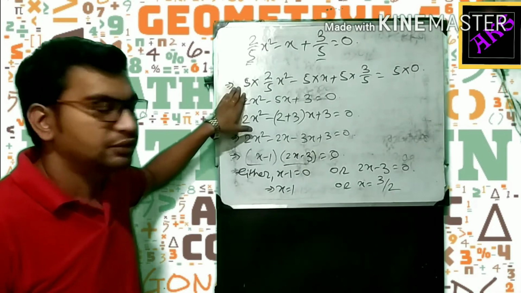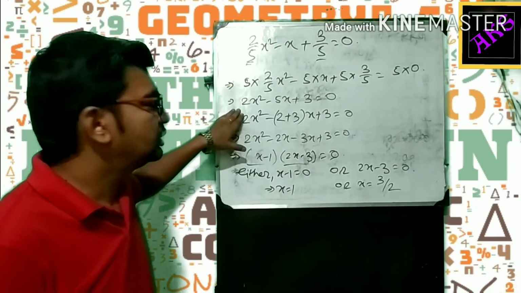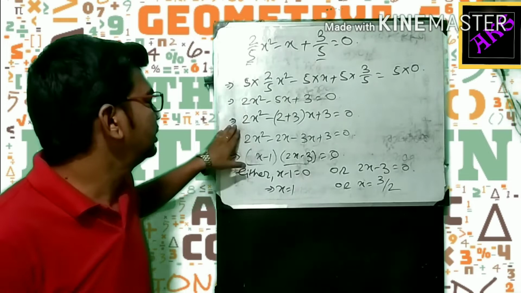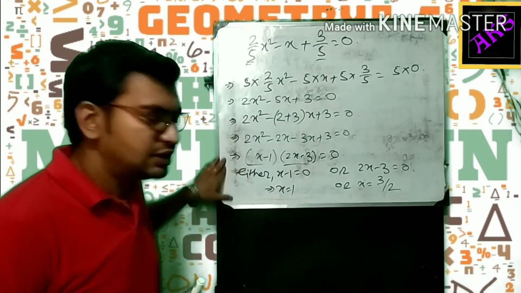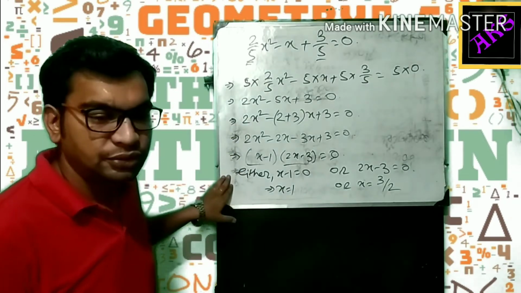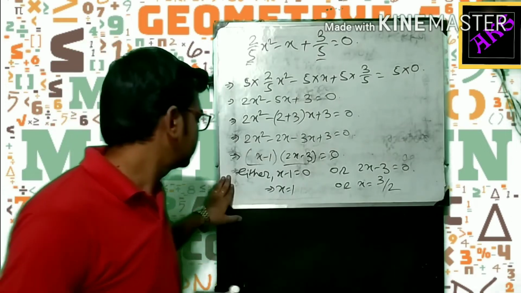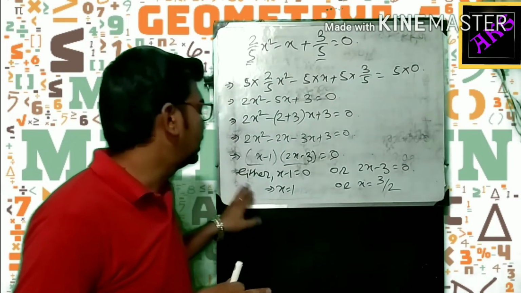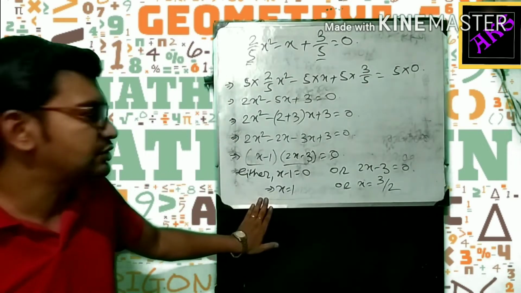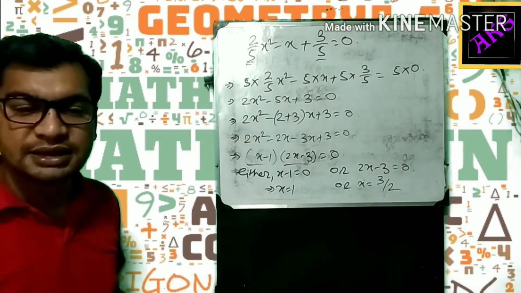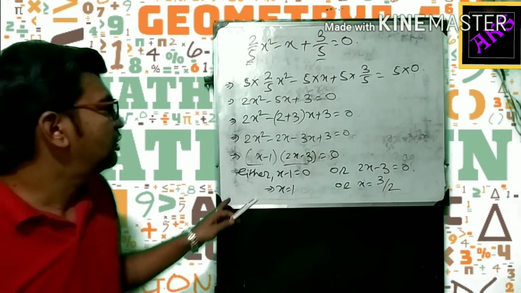First, we have to remove the fractions, then express it in the standard form, then if we can factorize it, we will factorize it, then we'll use the zero product rule, and then we will solve those factors to get the solution.